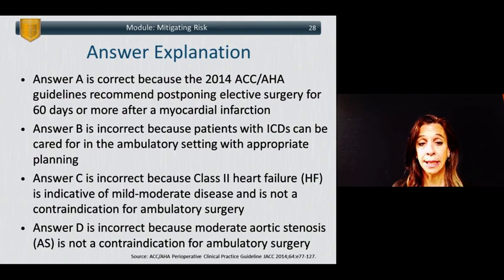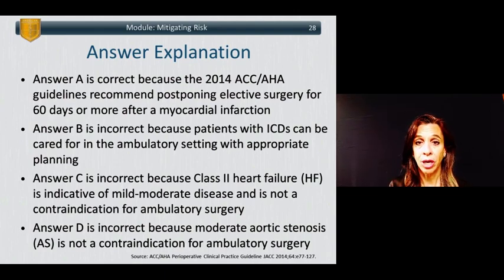Answer B is incorrect because patients with ICDs can be cared for in the ambulatory surgery center with appropriate planning. Answer C is incorrect because Class 2 heart failure is indicative of mild to moderate disease and is not an absolute contraindication for ambulatory surgery. Answer D is incorrect because moderate aortic stenosis is not a contraindication for ambulatory surgery either.